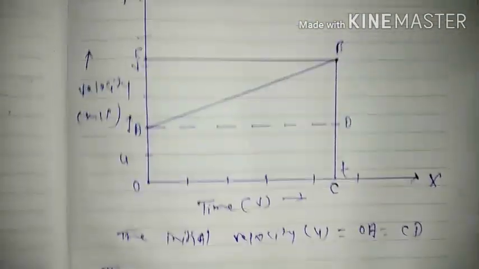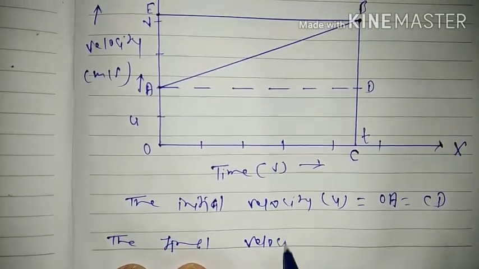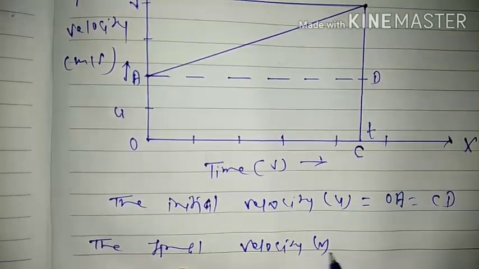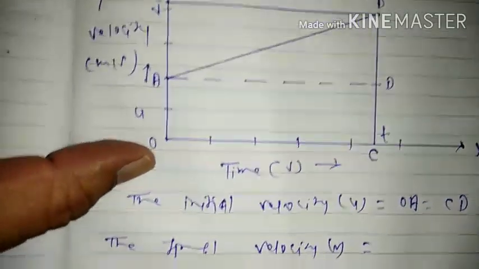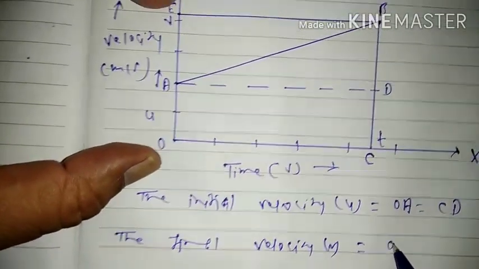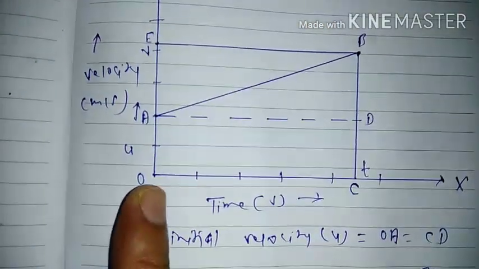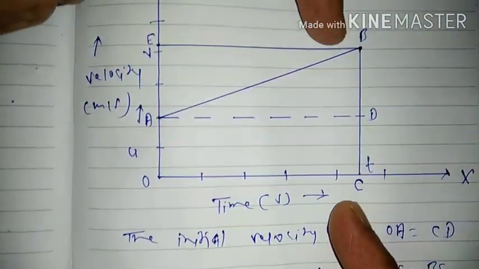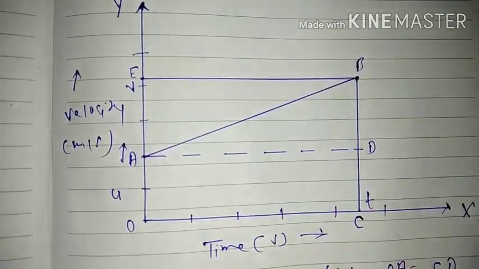The final velocity v is represented by OE, and OE is equal to BC because OE and BC are opposite sides of the rectangle OEBC.